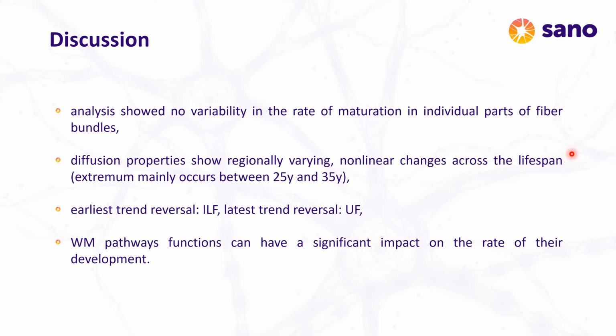The inferior longitudinal fascicle is most likely to develop the earliest, because it is responsible for basic processes such as facial recognition and visual perception. And the uncinate fascicle is mainly involved in linguistic functions, hence its slow maturation.